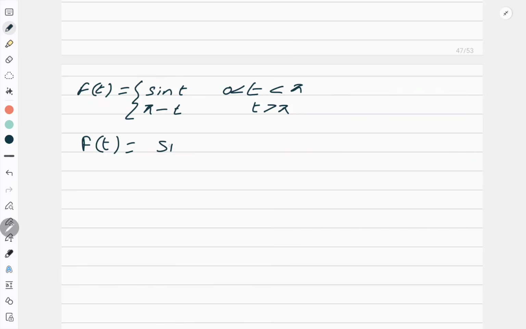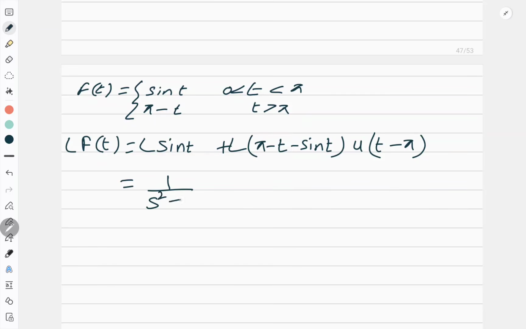F(t) is equal to sine t plus pi minus t minus sine t, u of t minus pi. So if you take the Laplace, sine t is 1 by s square plus 1 plus e to the power minus pi s, and Laplace of the function, but in place of t I should write t plus a.